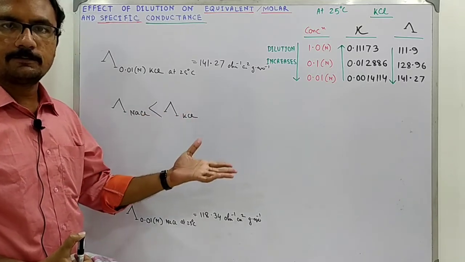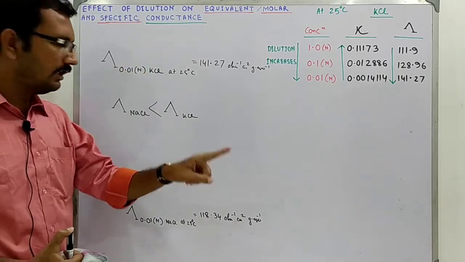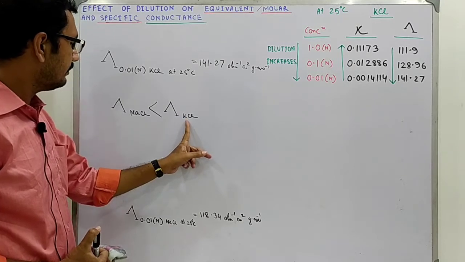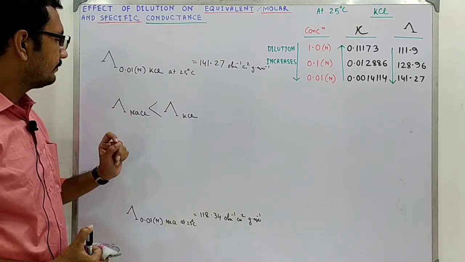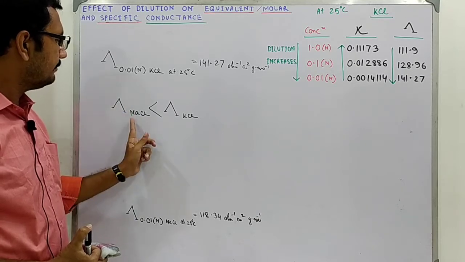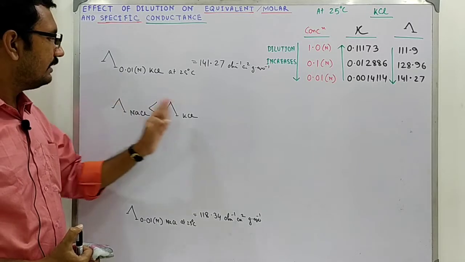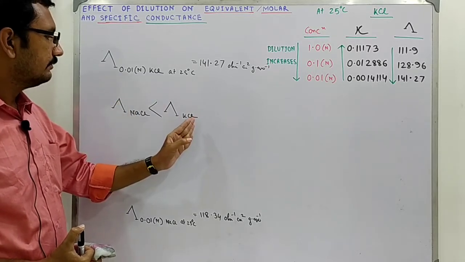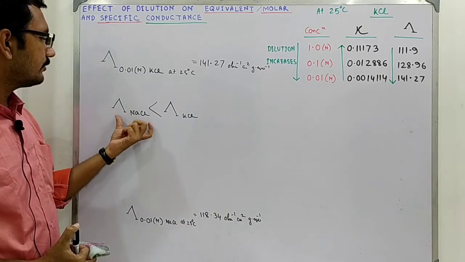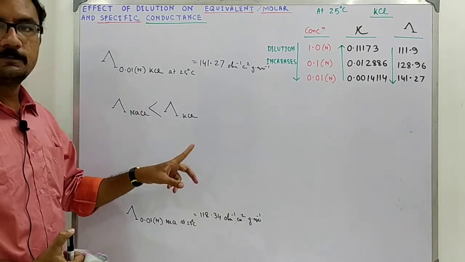So, we will focus only on the cations, that is, here it is K plus, potassium, and here it is sodium. So, this K plus and Na plus are going to control this order, that is, equivalent conductance of KCl being greater than equivalent conductance of NaCl will be controlled by these cations only.